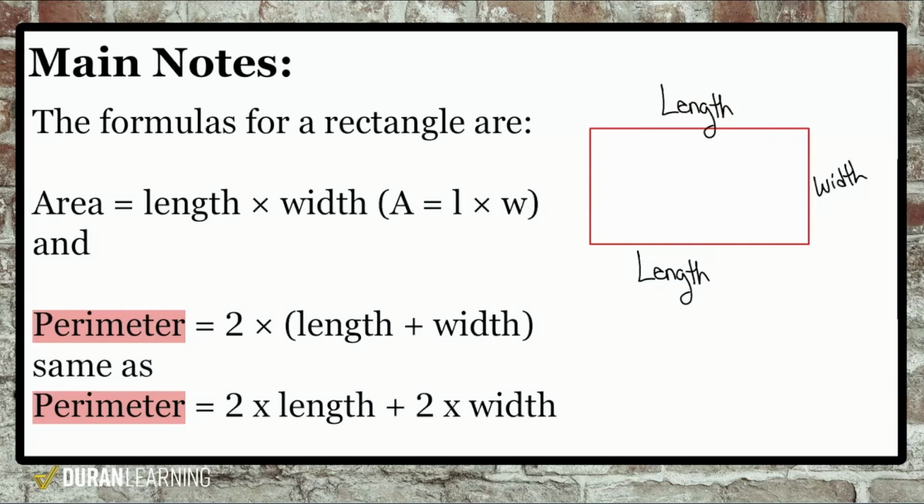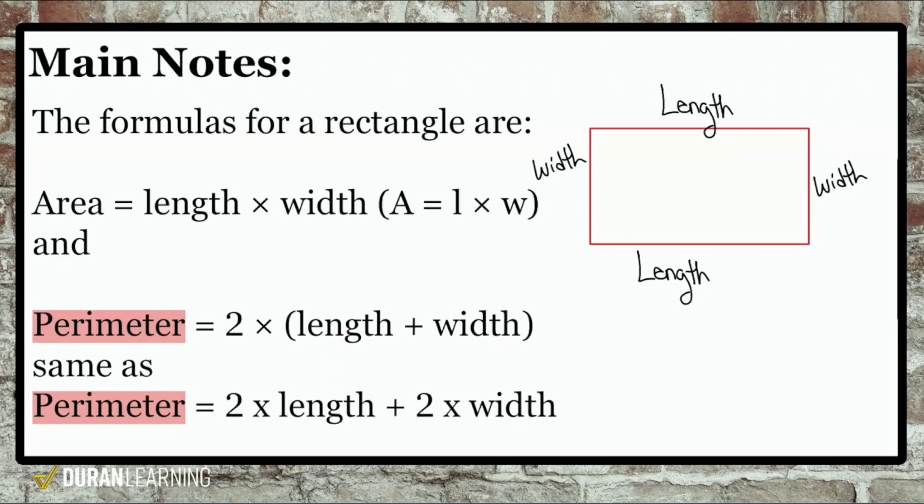Again, the opposite sides of a rectangle are going to be the same. Same thing over here. The width is also going to be listed right over here. Everybody, yes or no, do you agree with that? Perfect, sounds good.